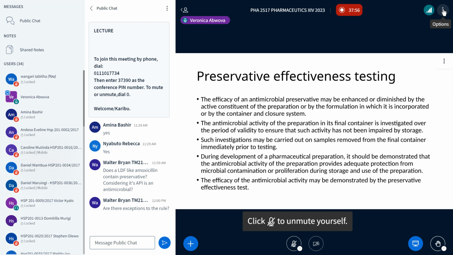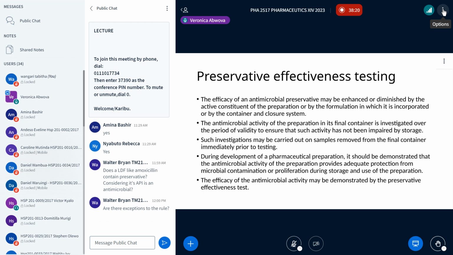So we were talking about, anyway, let's pick up from: the antimicrobial activity of the preparation in its final container is investigated over the period of validity to ensure that such activity has not been impaired by storage.